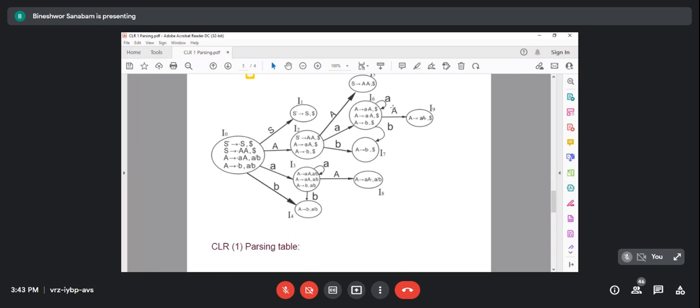Then I8 and I9 also have the same LR0 items but different look ahead symbols.